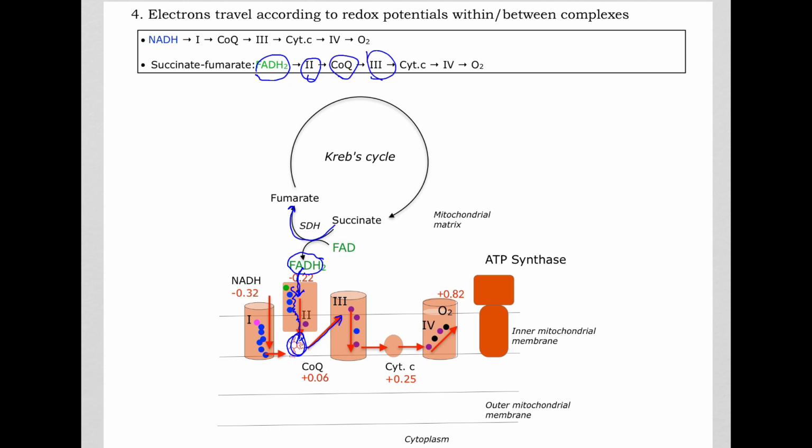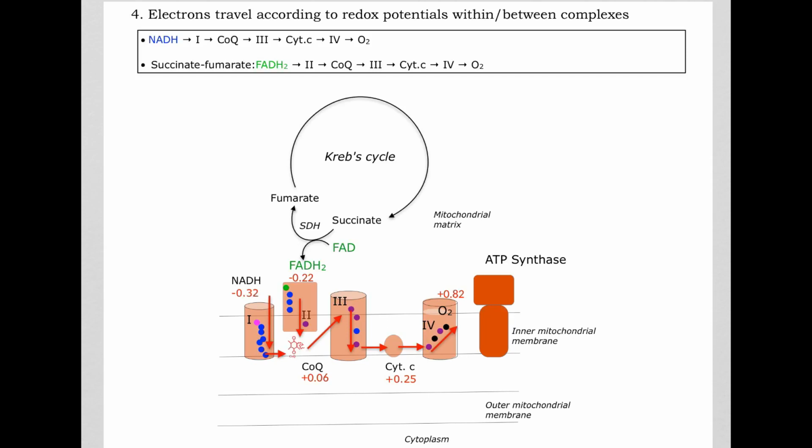Once they are in complex 3, the rest of the story is very similar to what we see with NADH. From complex 3, electrons are picked up by cytochrome C. Cytochrome C sends them to complex 4, and these electrons then react with oxygen.